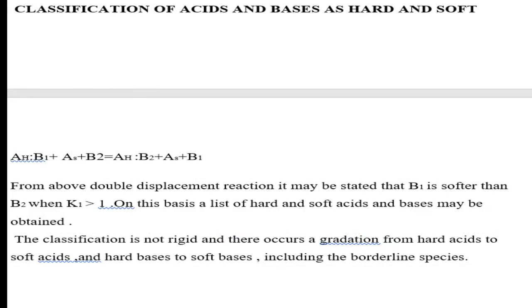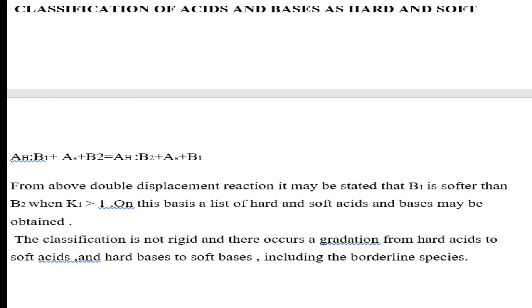Now we come to the classification of acids and bases as hard and soft. You can see on the screen the reaction. AHB1 is the adduct of a hard acid, B1 is a softer base, and B2 is a harder base. So the adduct AHB1 plus AS, that is a soft acid, plus B2 will give you AHB2 plus AS B1.